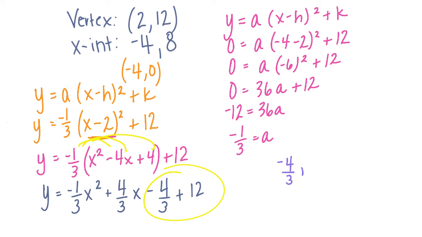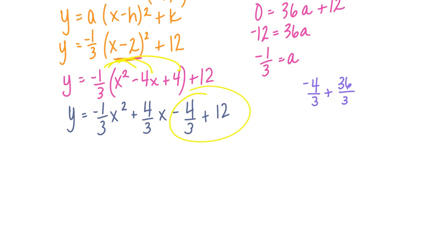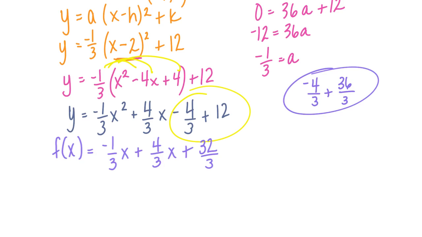Negative 4/3 plus 12, well 12 is 36/3. So that's going to bring me to my final answer of, and I'm going to write this as a function of x, negative 1/3 x squared plus 4/3 x plus 32/3. So when I add those, I get 32/3.